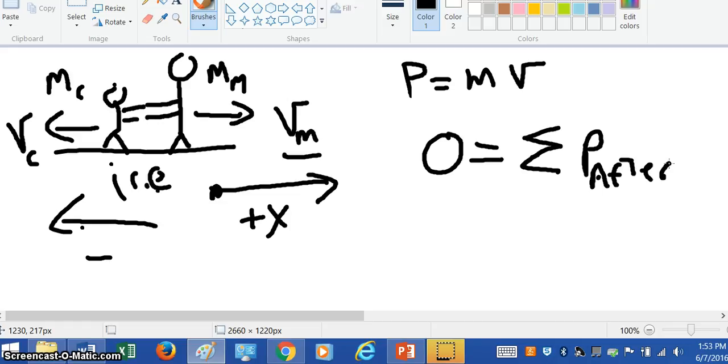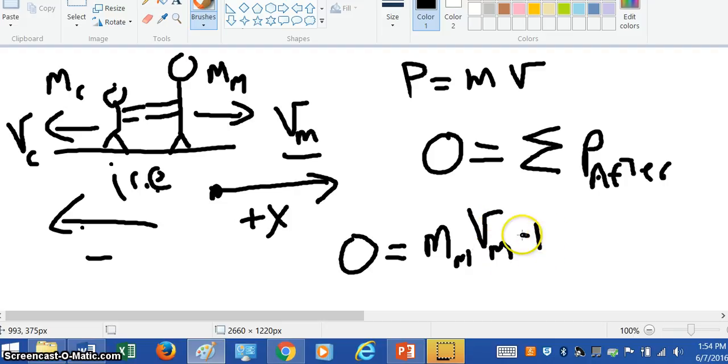And that's actually pretty simple to do, since we've already defined some of the variables. So we have the mass of the mother times the velocity of the mother, plus, and I'll get back to that plus in just a second, the mass of the child times the velocity of the child.